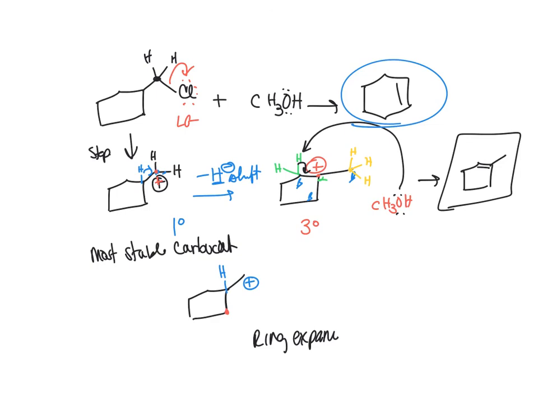So what happens here is this methyl group will actually move here, and then you get a ring expansion of 6. You get a positive there. A lot of times you have to number these to see this. 1, 2, 3, 4, 5, 6.